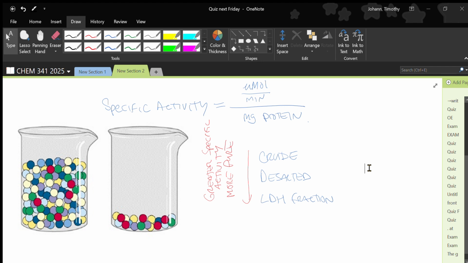That's what the specific activity is about, and that's why we're going to have to calculate it. We've got a bunch of things that are absorbances per time, and we need to change those units into micromoles and milligrams. So that's what this table is about on the other page.